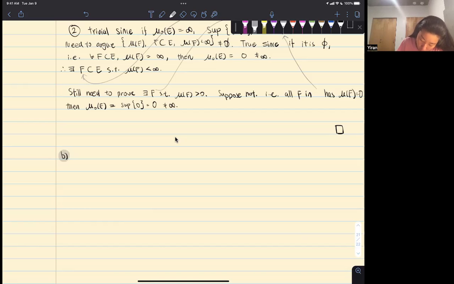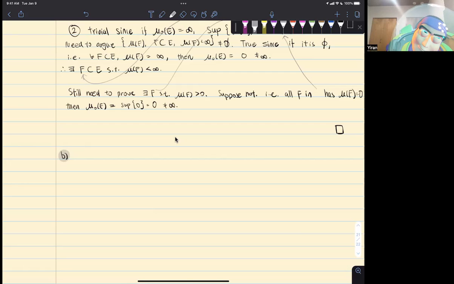Because given that E is sigma finite, there exists a union of EJ, where J ranges from 1 to infinity, such that E is equal to the countable union, and the measure of each EJ is finite.